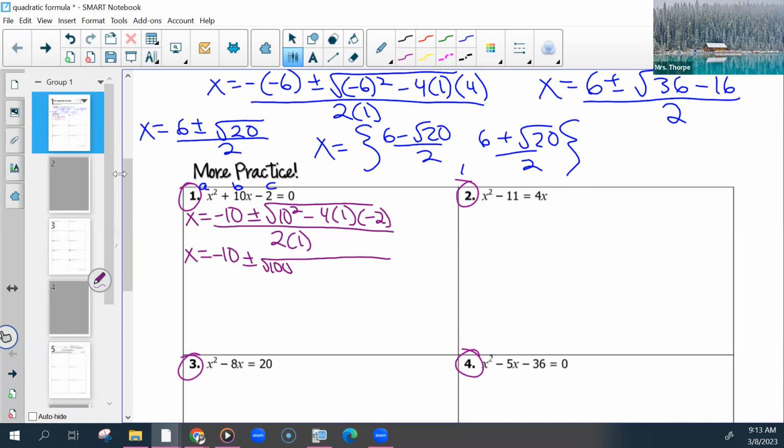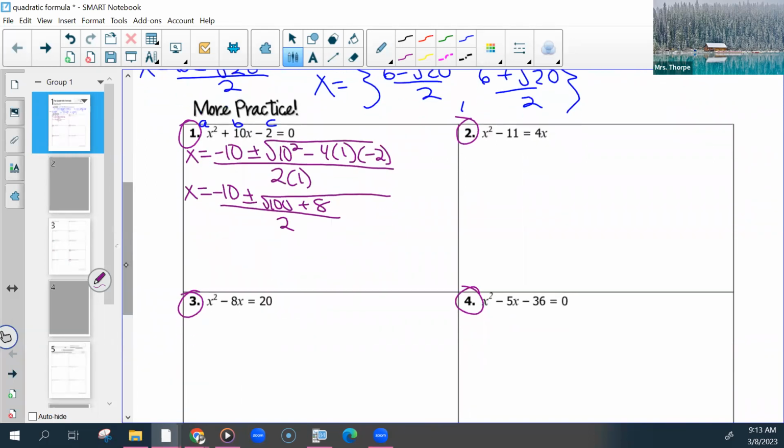Negative 4 times 1 times negative 2 is what? Positive 8, because we're multiplying 2 negatives, yep. Simplify that.